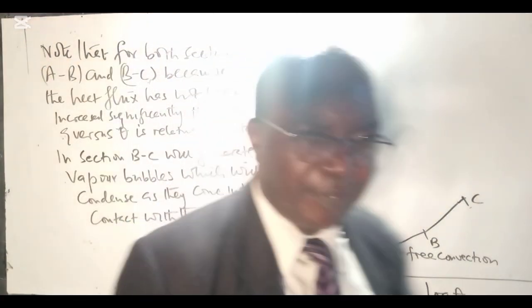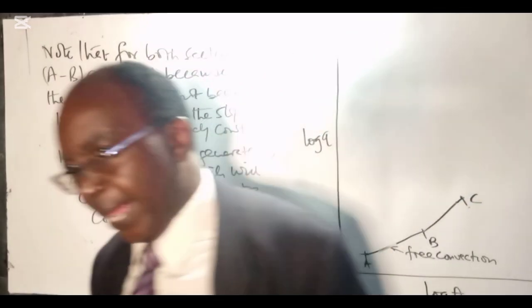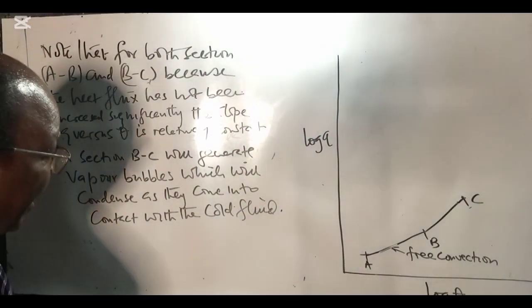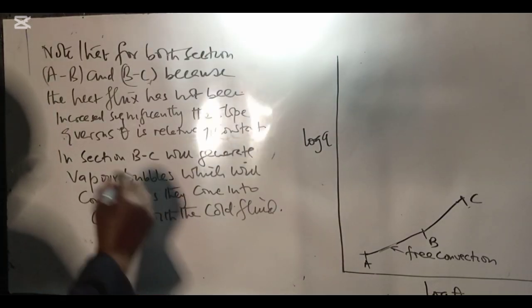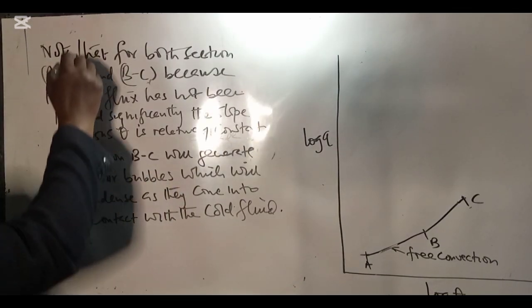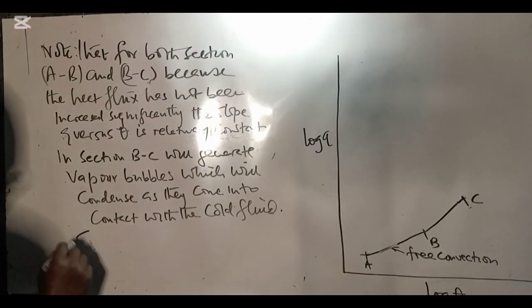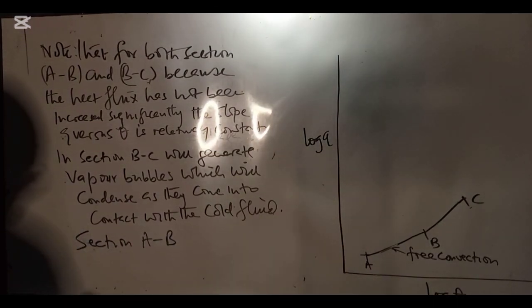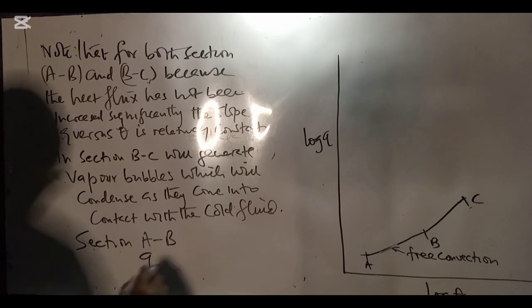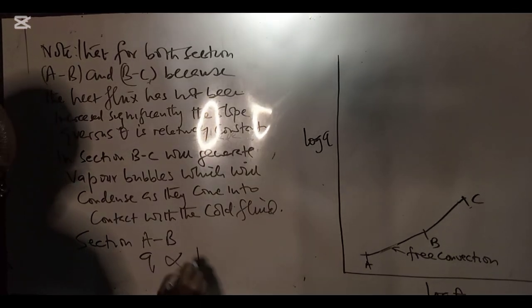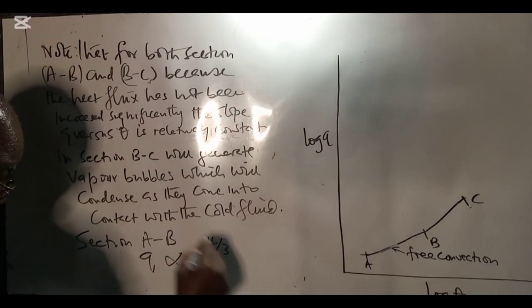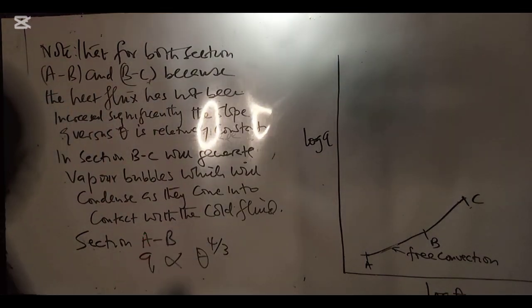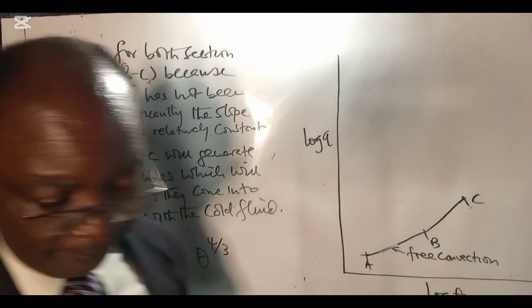And in general, for example, in section A through B, just note again that in that section, Q is proportional to theta raised to power 4/3.